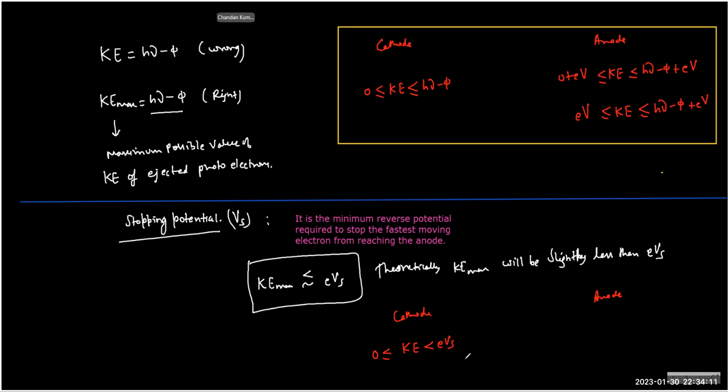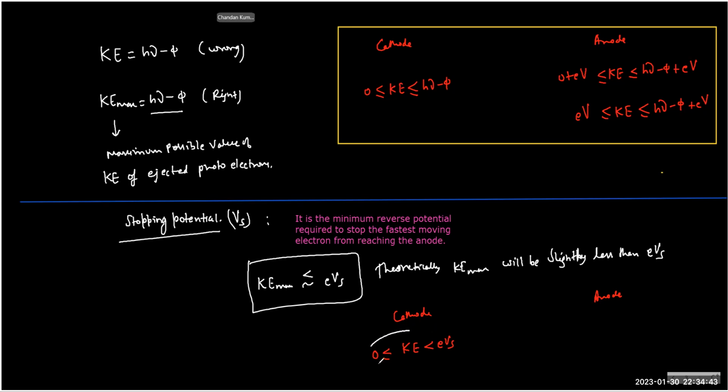Because equal means you are hitting the anode, but we have to prevent the hitting of the anode. So eVs is bigger than KE max. So the inequality, less than or equal to, changes like a closed interval becoming an open interval. Understood? So this change you have to keep in mind.